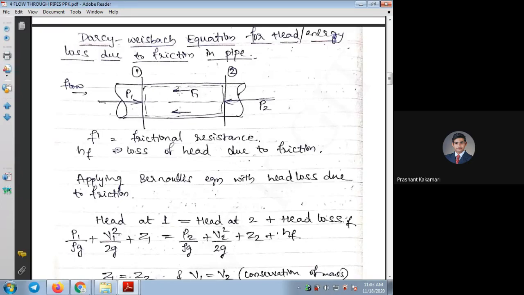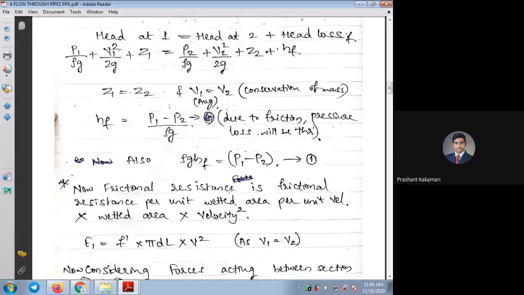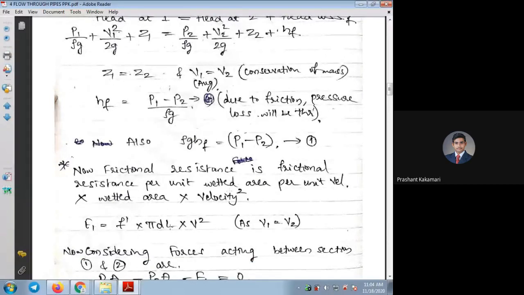So pi d into L, where I am considering the length from 1 to 2, gives the surface area in contact with the fluid, the wetted surface. That wetted surface area for a given length, into velocity square, so that is v square.